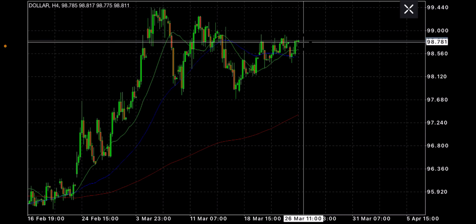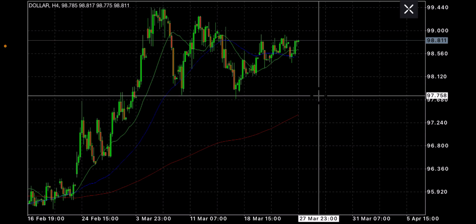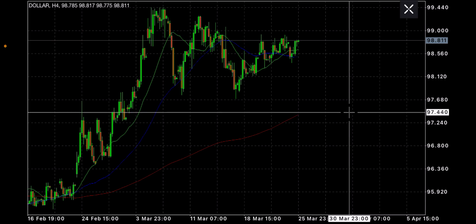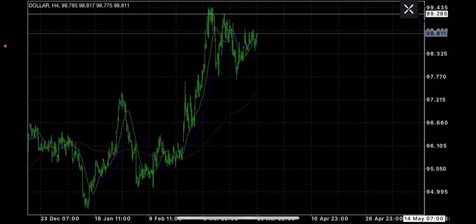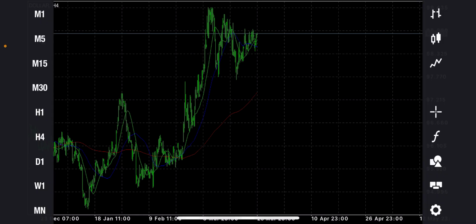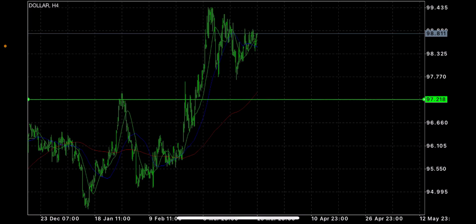Okay. Now we can go as far down as here, or here, to this area here, or even here before we start to see a pickup in price again. And let's see when was the last time the dollar was actually this low.